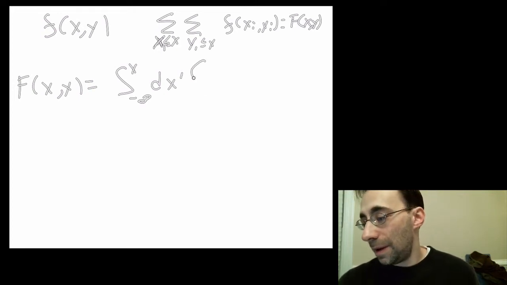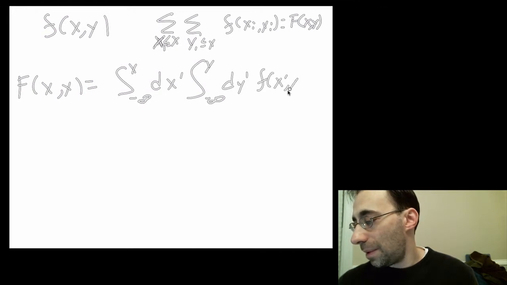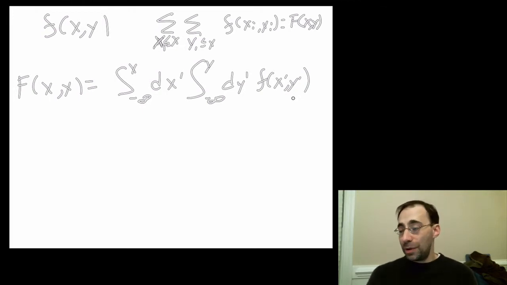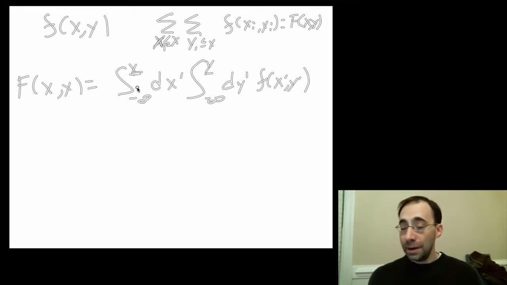So it's convenient that way. Then negative infinity to y, dy prime, f of x prime, y prime. And again, remember that the x prime and y prime don't mean anything. They're just the variables you're integrating over. You can make them whatever letter you want. The important point is the x and the y occur in the bounds up here.